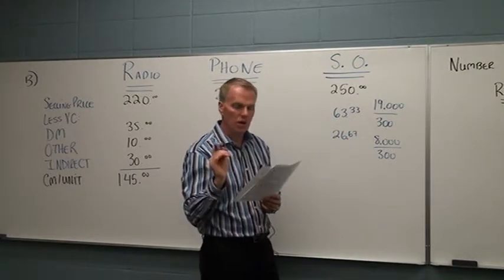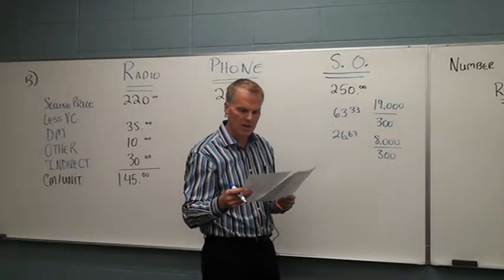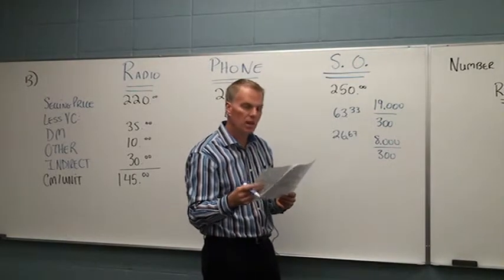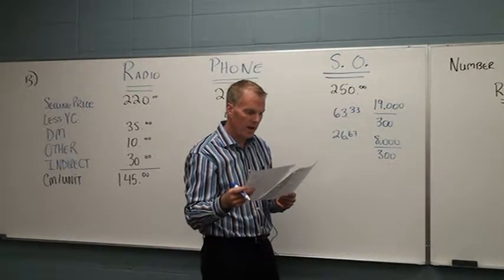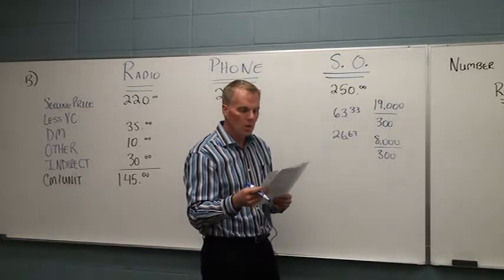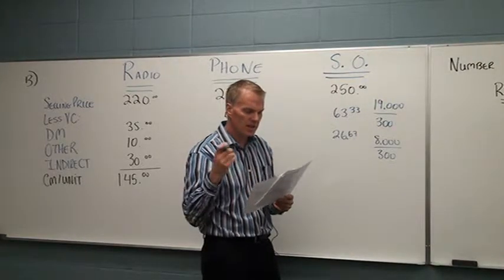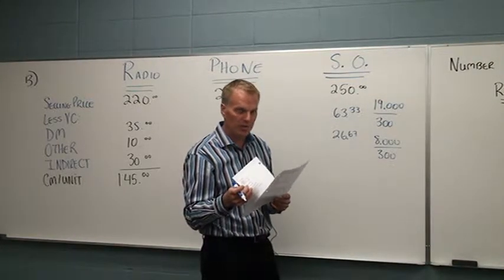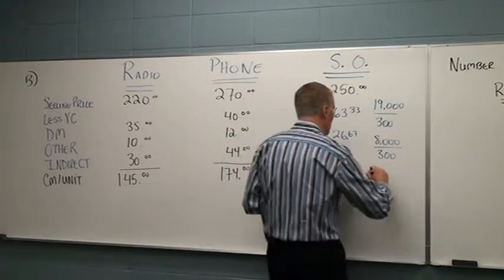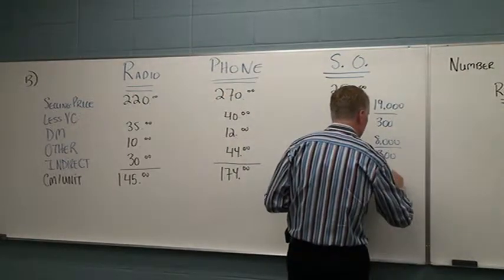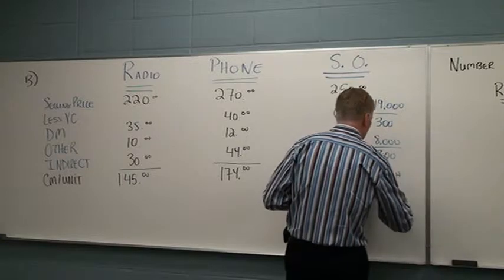Our last cost is the indirect cost. Now, how do we calculate that? Well, two steps. We are told that it's going to take us 225 machine hours.